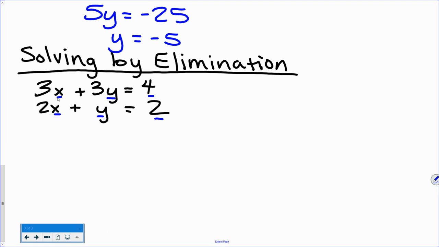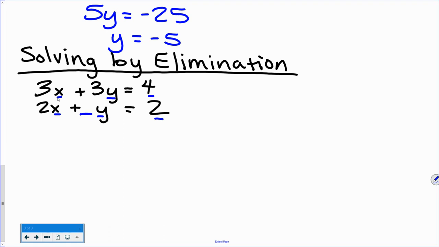All right, so I'm going to try to add my equations together, but I want to add them together to eliminate a variable. If I add them right now, vertically up and down with those like terms, I will not be able to eliminate anything. So I'm going to have to multiply an equation by a number so that I would be able to eliminate at least one of my variables.